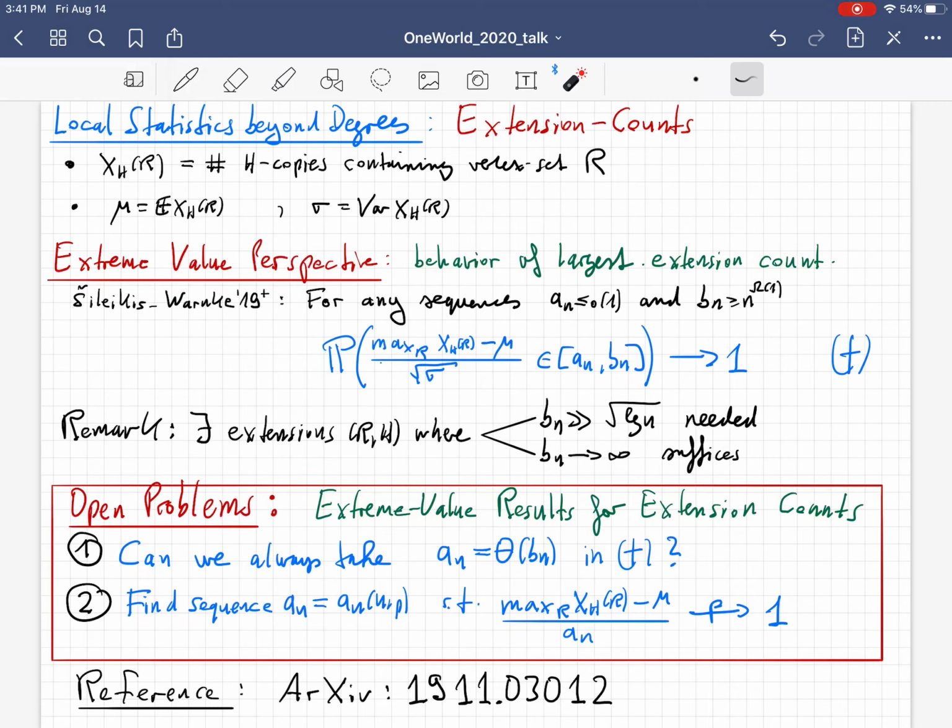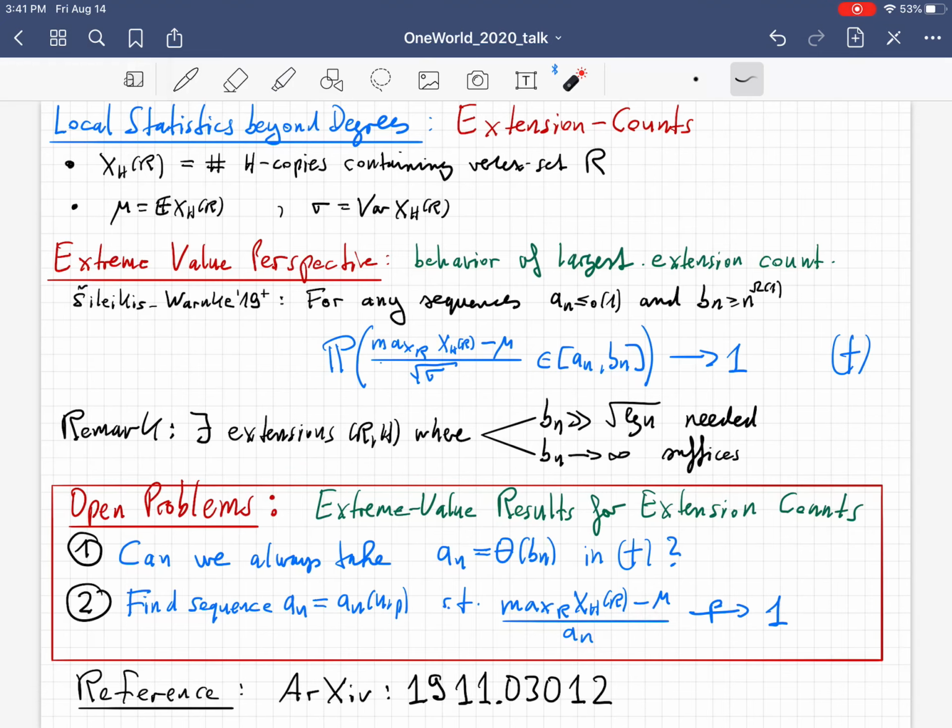In particular, I think one can ask this question at two levels of difficulty. One is to ask, here we had a_n and b_n, where a_n tends to 0 and b_n tends to infinity. Can we always upgrade this to where a_n and b_n are roughly of the same order of magnitude, modulo some degenerate cases, of course, and then to really address the extreme value theory question: what happens if from the maximum extension count you subtract off the mean?